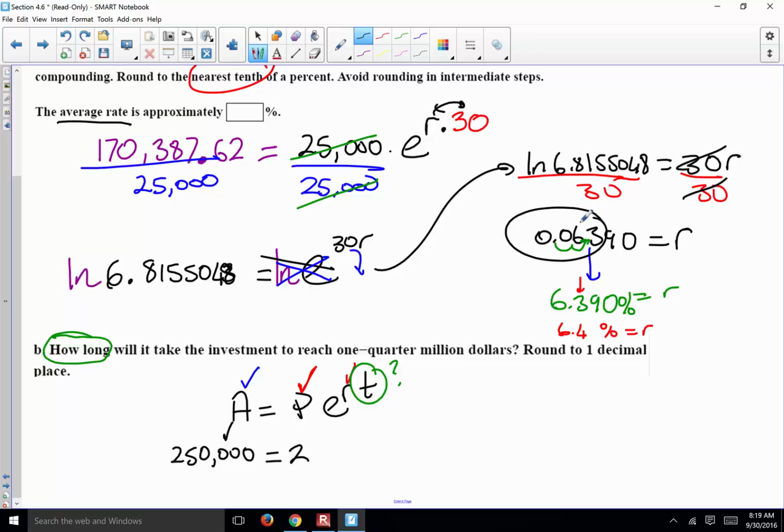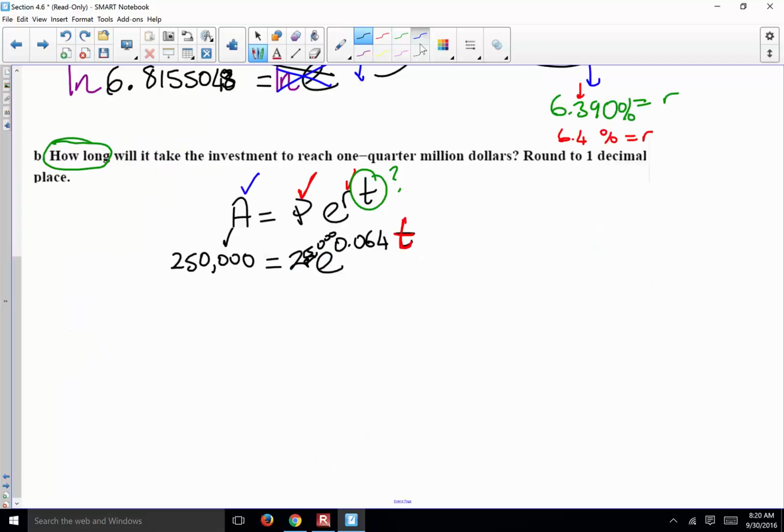R is this amount, 0.064. Always change it into decimal. And T is unknown. We are looking for T. Oh, I forgot some digits. 25,000.